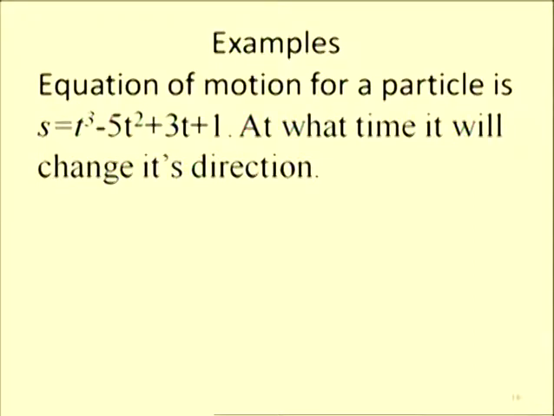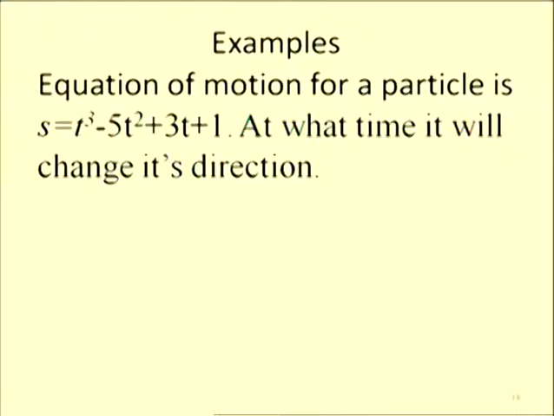Here the equation of motion of a particle is t cube minus 5t square plus 3t plus 1. At what time will it change its direction? So we are asked to find the time at which the particle changes direction.